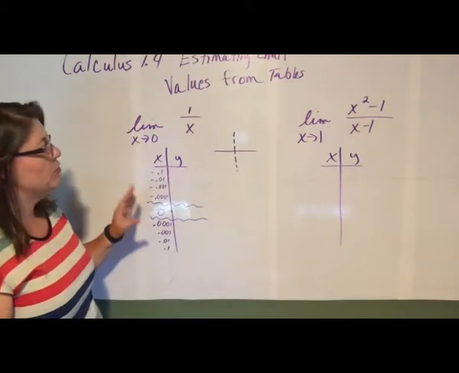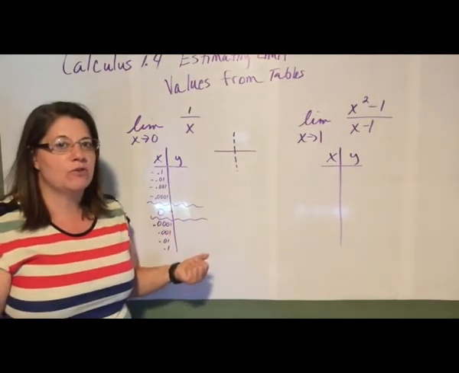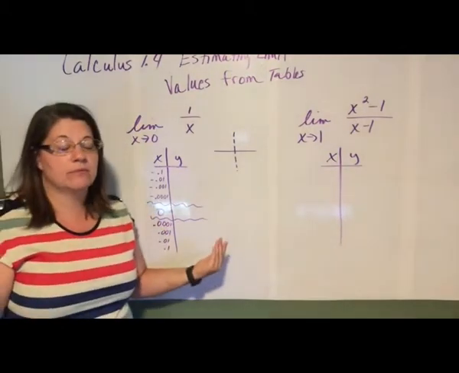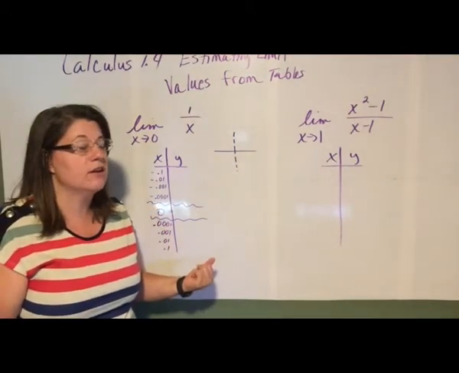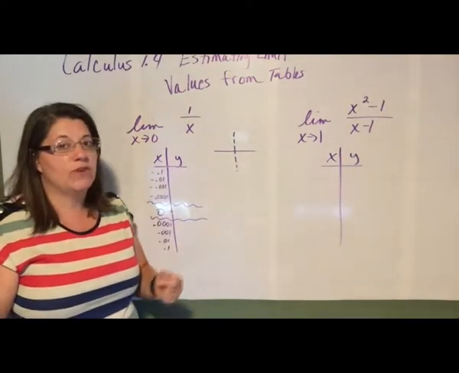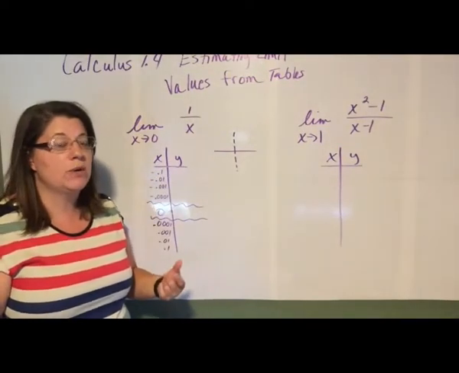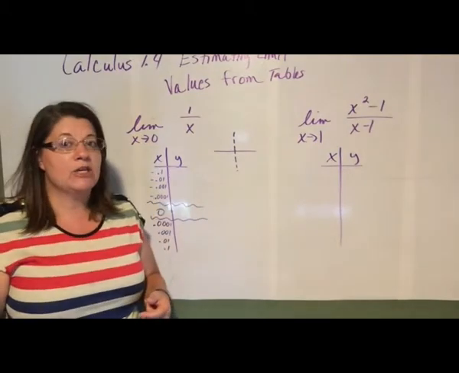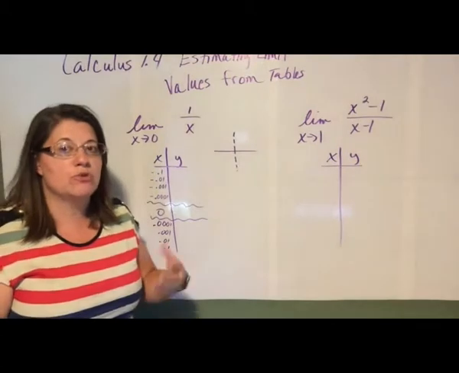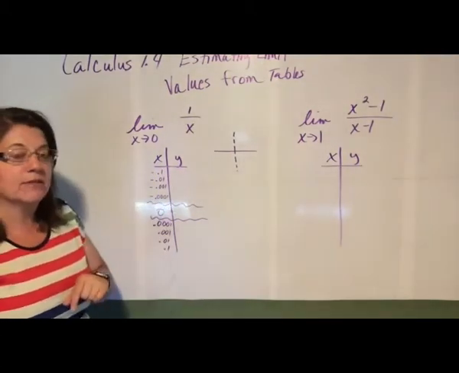I'm going to use a graphing calculator or Desmos to generate the y values of this point. I think that a graphing calculator is easier because you can just put the equation in and get your y values very quickly. So that's what I'm going to do. I would encourage you to go ahead and do that, find the y values for that, and then we'll do a few different examples using our calculator to see what happens.